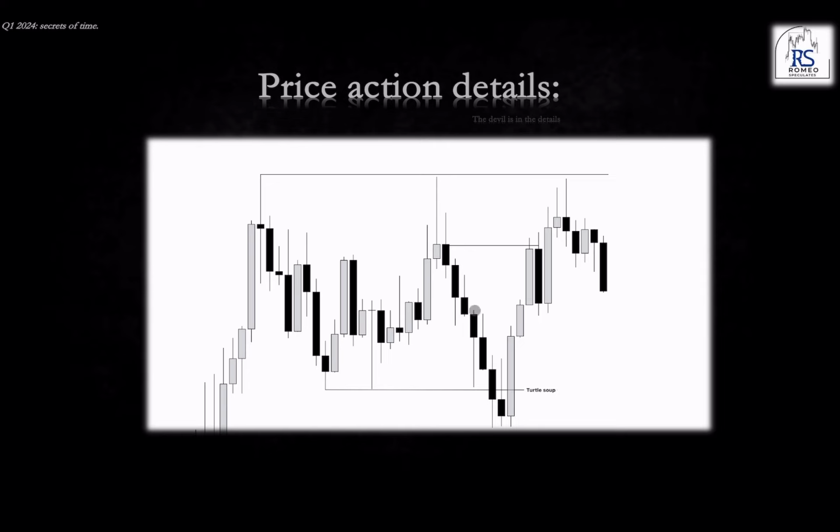Below, below, below, below, below, below. Right? So when we close above, this is a change in the state of delivery. So now we have taken the range low. We're targeting 50% of the range and the range high.